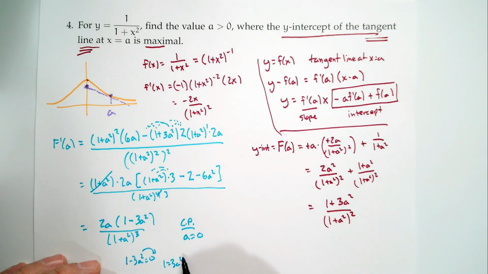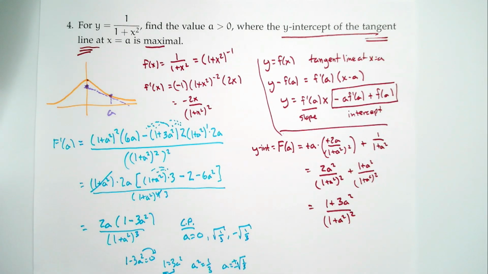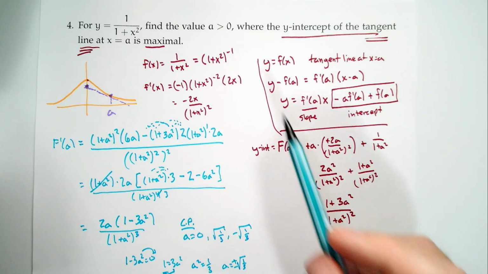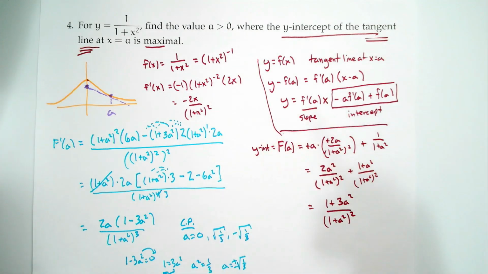If I divide by 3, I get a squared equals 1/3. And then I take the square root, plus or minus, so we get plus square root of 1/3 and minus square root of 1/3. Now, what are we after? We're after the value of a which maximizes it. Now, we're told a has to be positive, right?